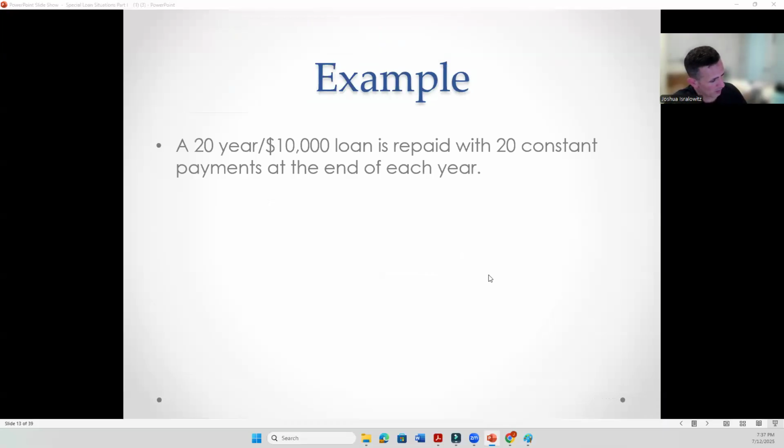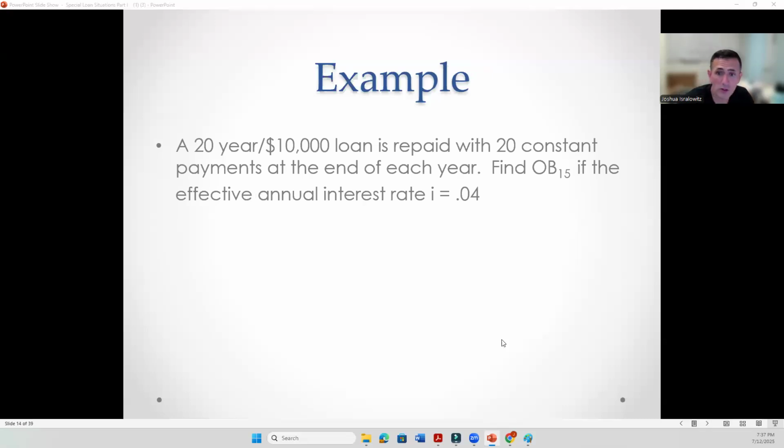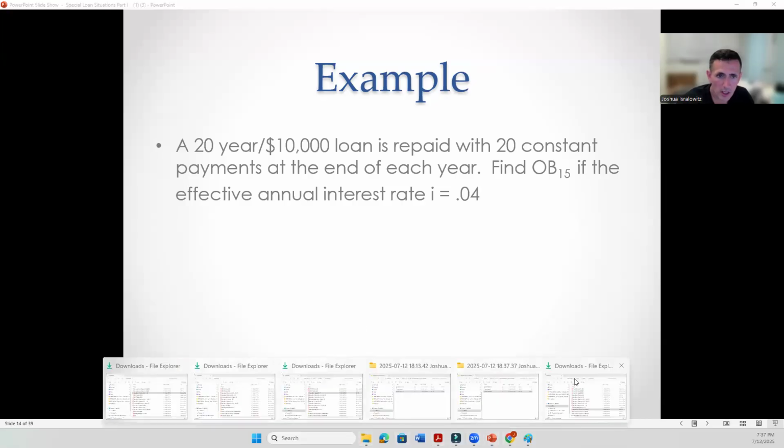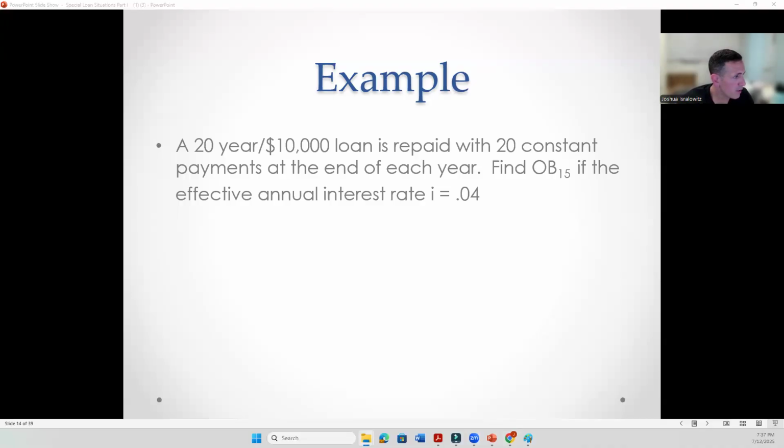So let's do a very easy example. A 20-year, $10,000 loan is repaid with 20 constant payments at the end of each year. We want the outstanding balance at time 15, with an interest rate of 4 percent. So what do we need? We need, in particular, the payments. Let me get the calculator out.